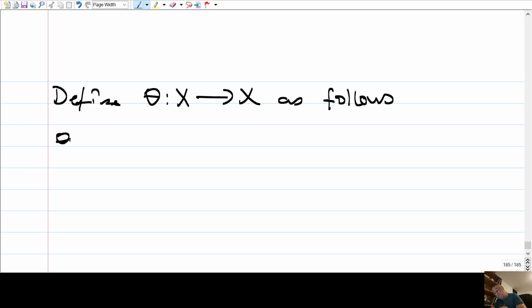Theta of phi is equal to what? If phi is a function.